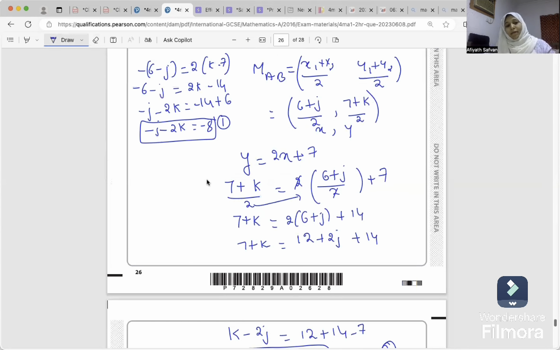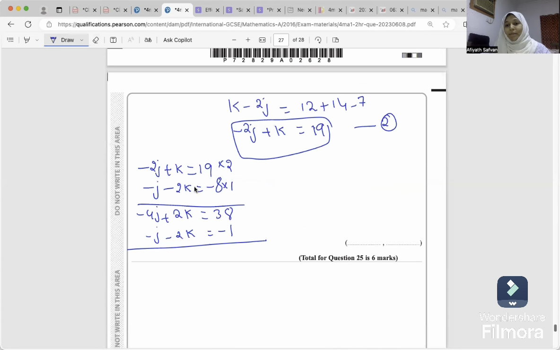Everything else is correct. You just have to solve this by the simultaneous method. When I add these, I can cancel the 2k and I'm going to get minus 5j equal to 30. Therefore, j is going to be 30 by minus 5, which is negative 6.